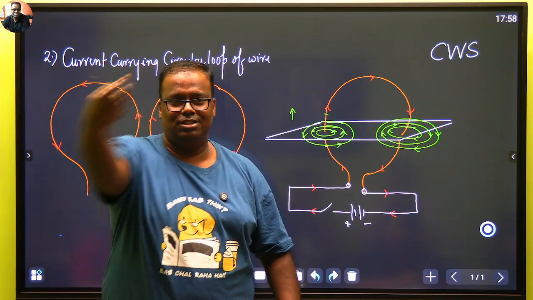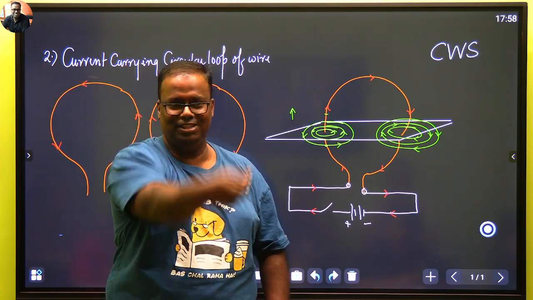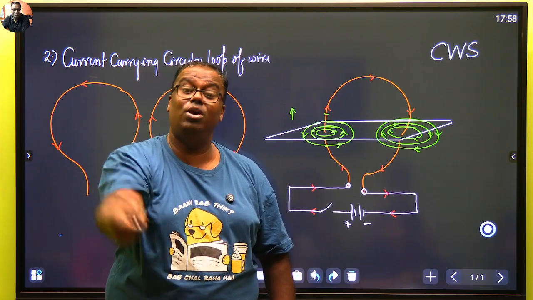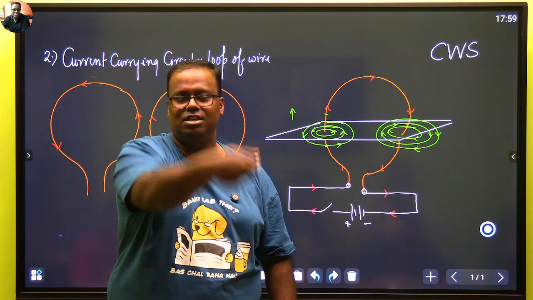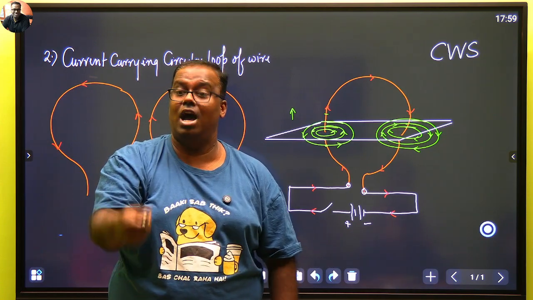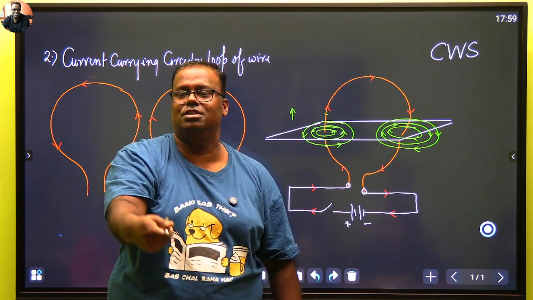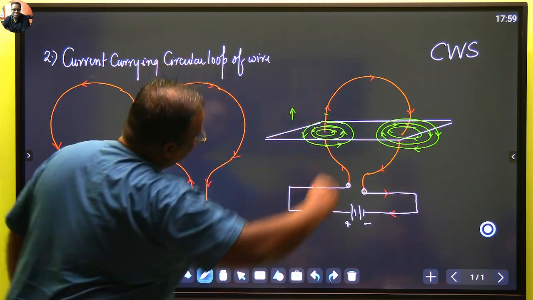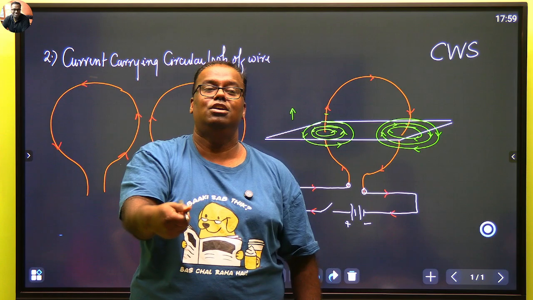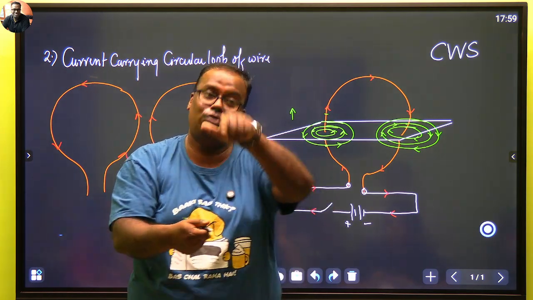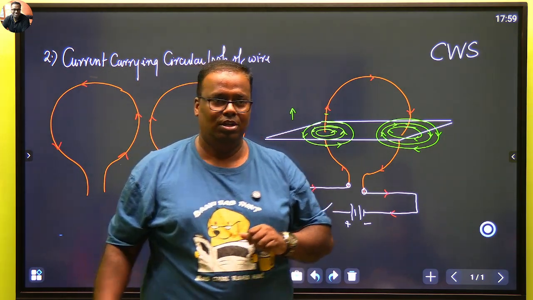How are you seeing my hand moving? Anti-clockwise? How am I seeing? You will be seeing clockwise. You are seeing clockwise, madam. How am I seeing? So from my side it will be north pole, from your side it will be south pole.